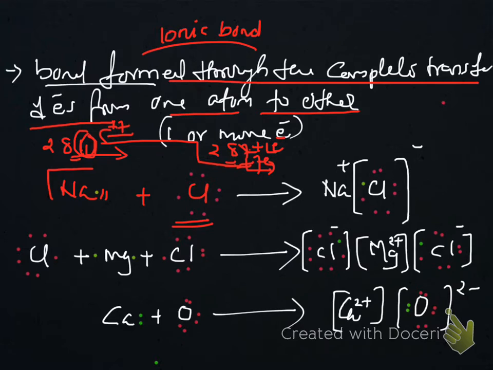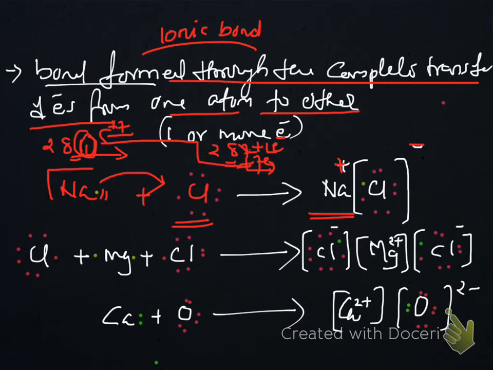On the product side, that green electron is completely transferred to chlorine. Chlorine is now a species with an extra electron, so Cl minus. Sodium lost its electron and acquired Na plus charge. So NaCl is established by the transfer of 1 electron from sodium to chlorine.